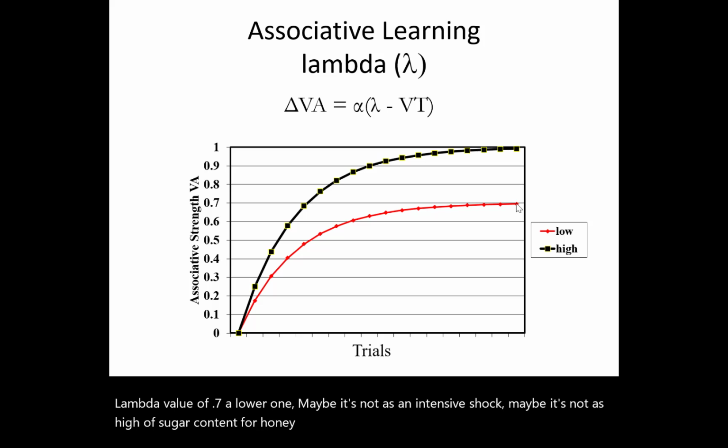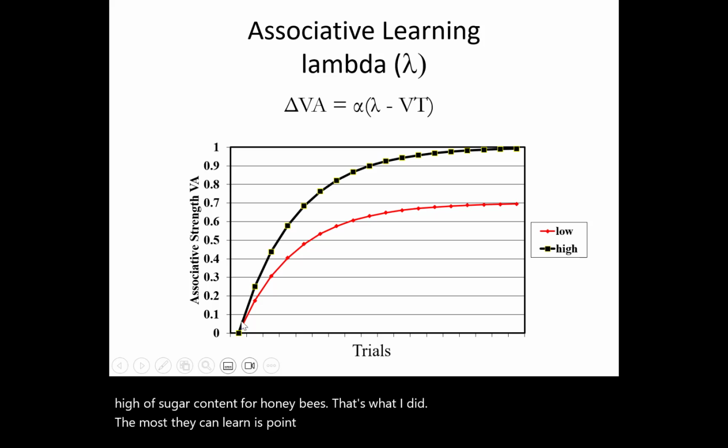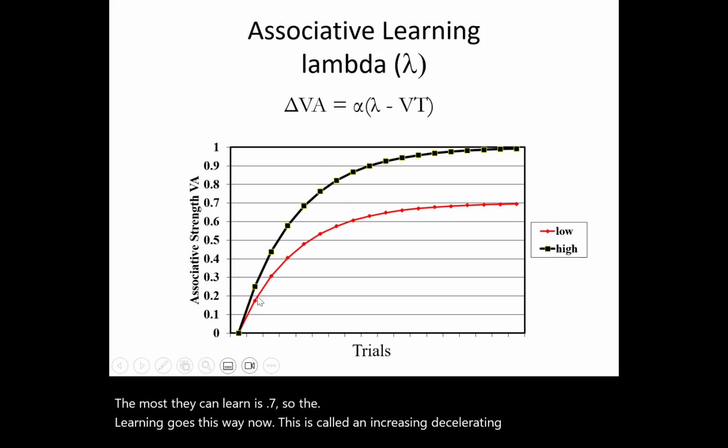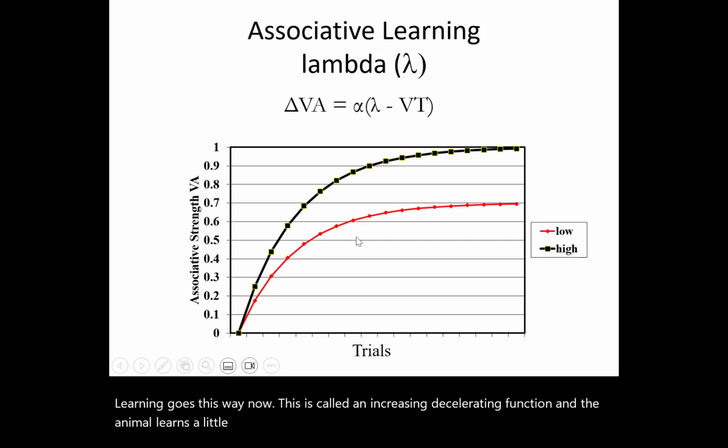The most it can learn is 0.7, so the learning goes this way. Now, this is called an increasing decelerating function. The animal learns a little less on each trial because as it has trials, this number increases, and so it has some expectations, and it learns less on each trial.